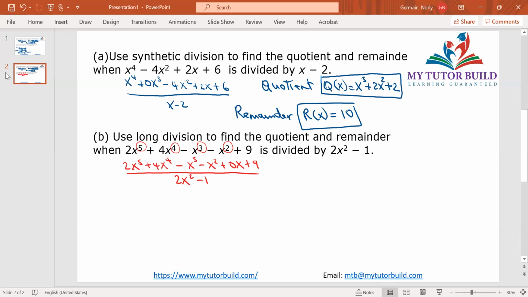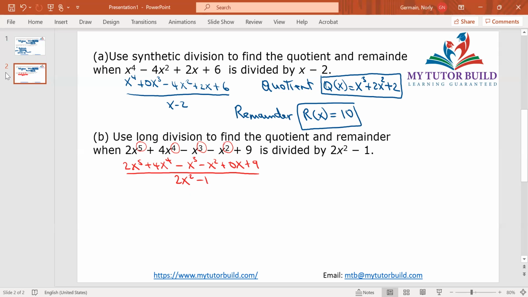Now, this one, they ask us to use long division. Remember, you have two methods you can use to divide a polynomial by another polynomial. You can either do long division or synthetic division. Unfortunately, in many cases you cannot use synthetic division. That's why using this one is important.